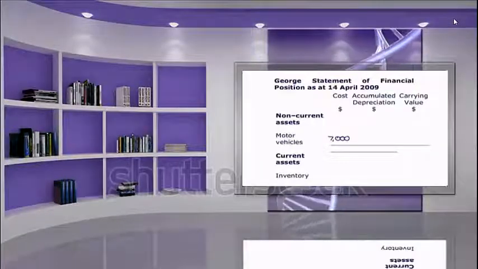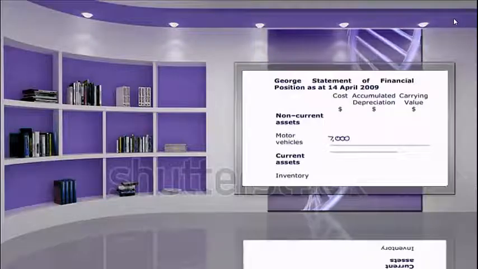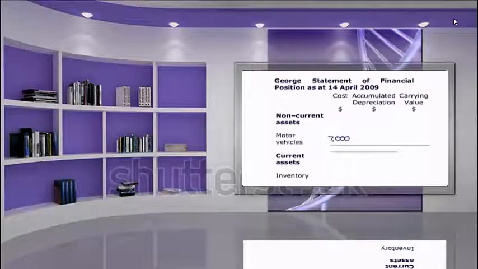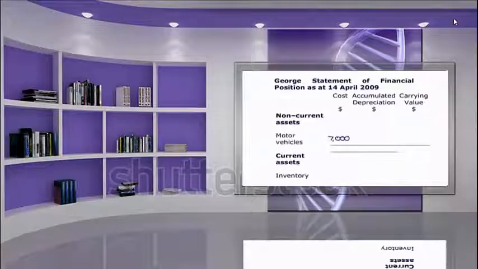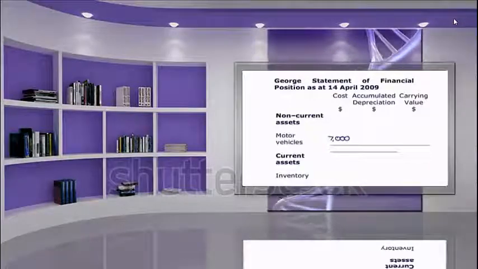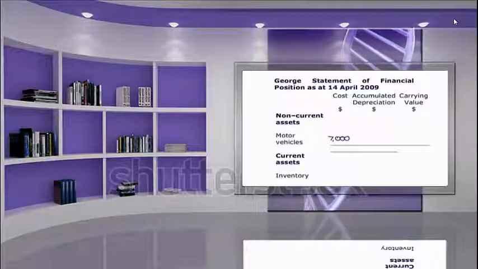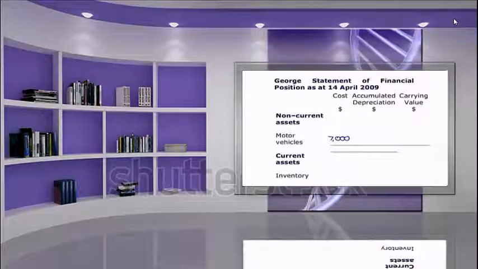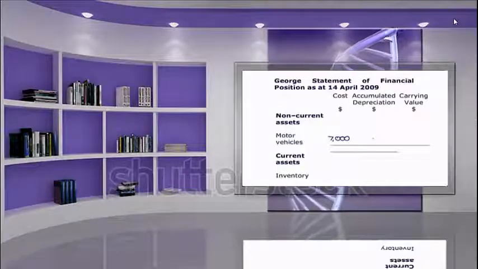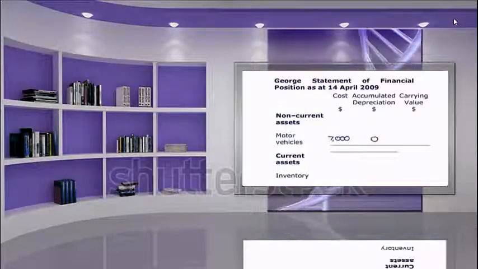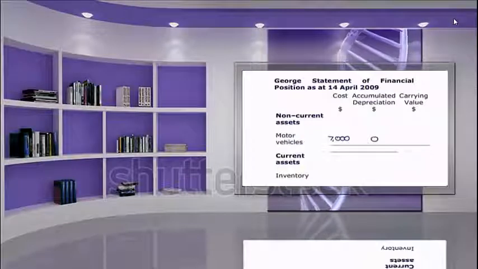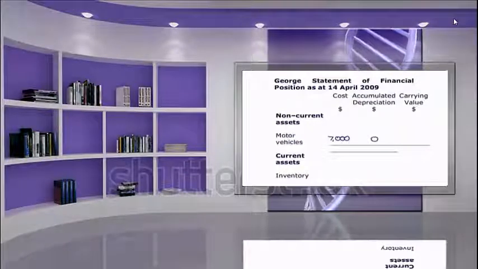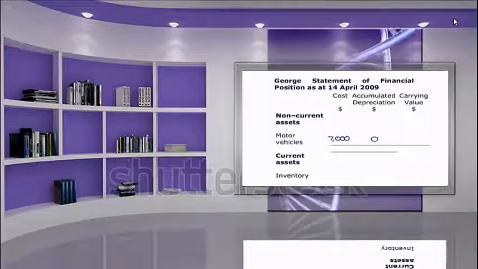Now, our next column is accumulated depreciation, and we're not really going to deal with that now. It's only been 2 weeks that we're accounting for George, so there wouldn't really be any depreciation that we'd need to take account of. So we're just going to leave that blank for the time being, but in subsequent sessions after this, we will discuss this idea of depreciation in a lot more detail.